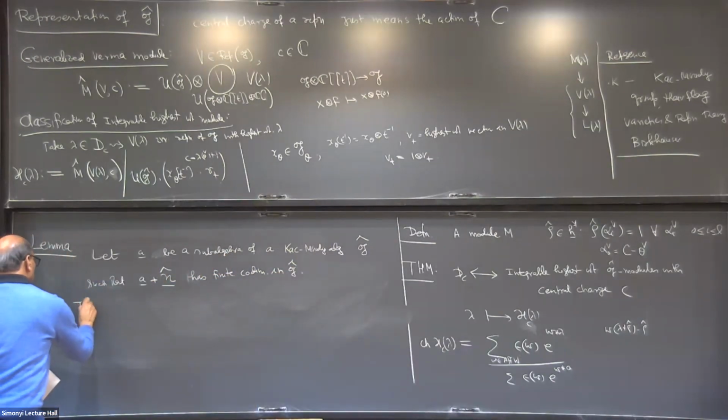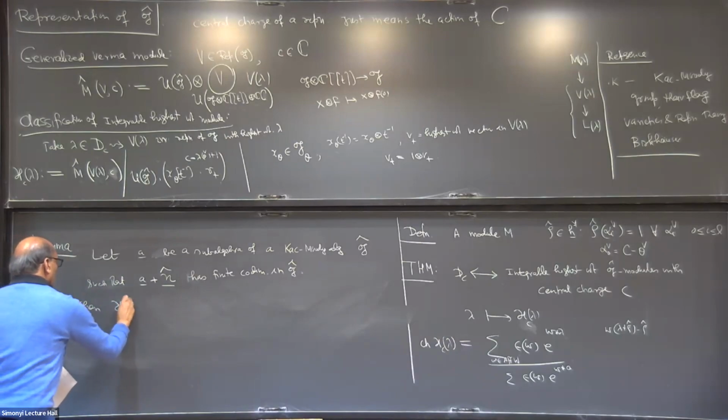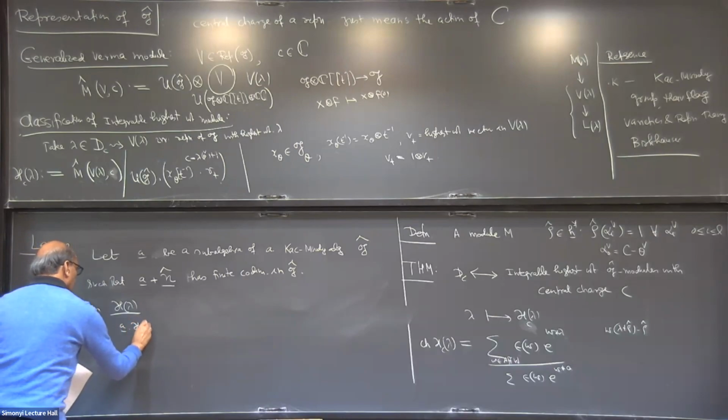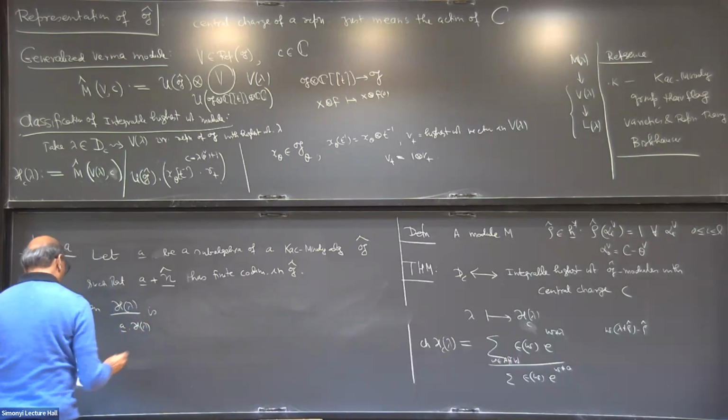Then H lambda divided by A times H lambda is finite dimensional.